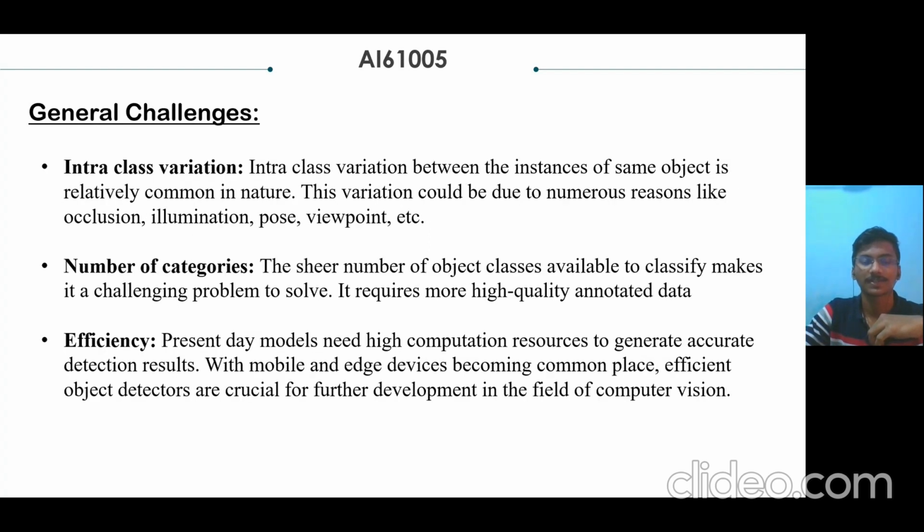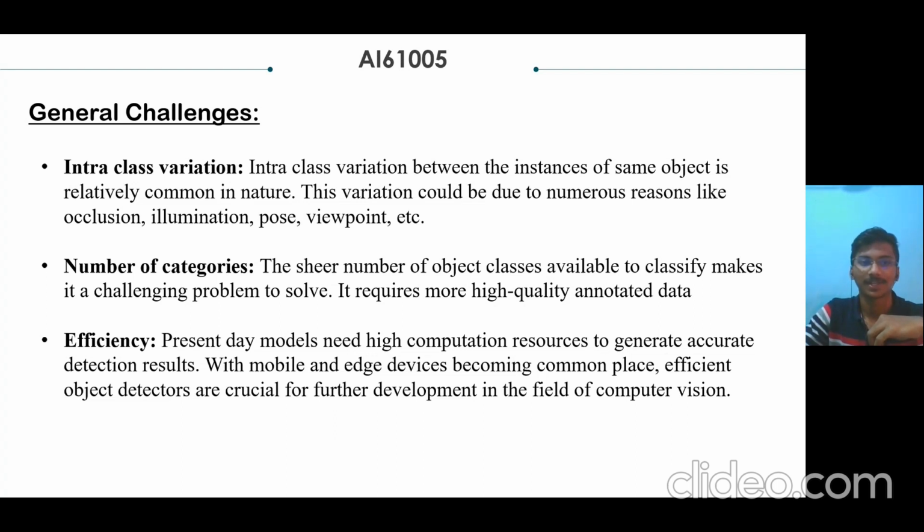Coming to general challenges, first is intra-class variation. For a given image, you can have many changes, like we can change the brightness, contrast, occlusion, the pose of that person or any object, and even the view. There can be different points of view for a given image, which makes it very difficult for a given algorithm to detect.